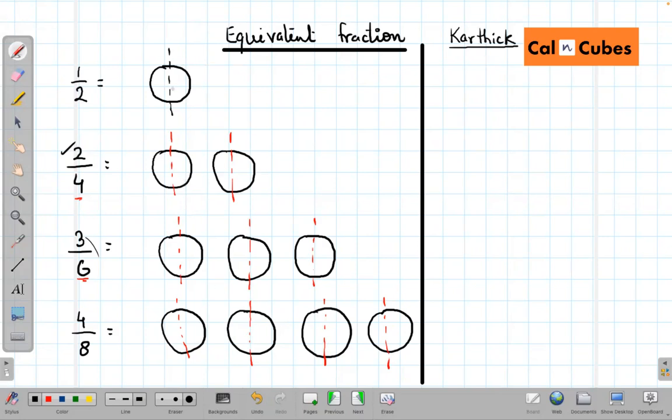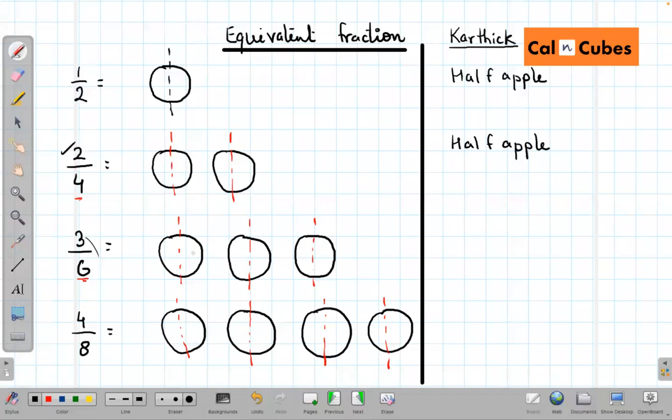If you cut this apple in half, how much apple will you get, Karthik? Half apple. Now, if there are 4 people and one person is Karthik, how much apple will you get? Half apple.